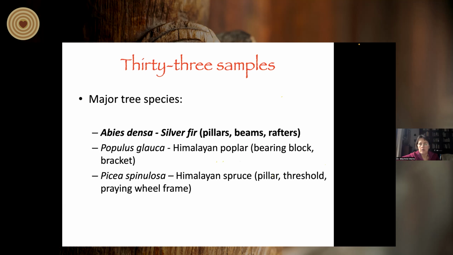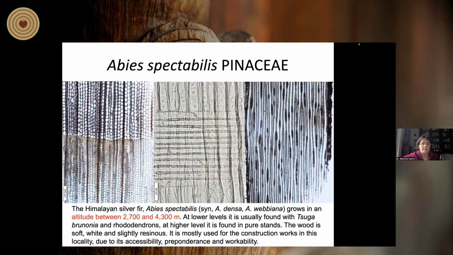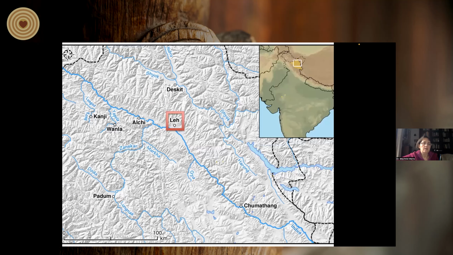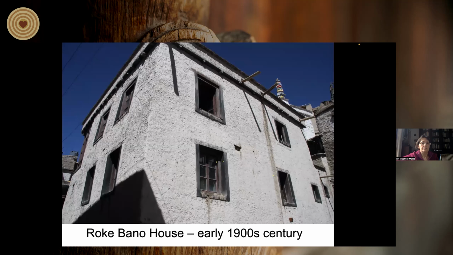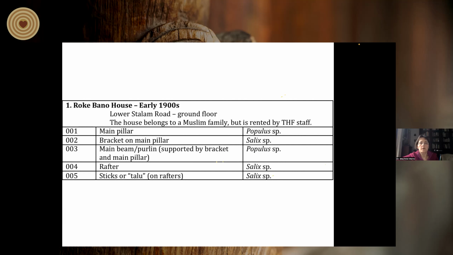Oh no, I go backwards. Yeah. So we go to the capital, and in the capital we looked at several houses, and you see they were made from poplar, willow, and again poplar and willow.